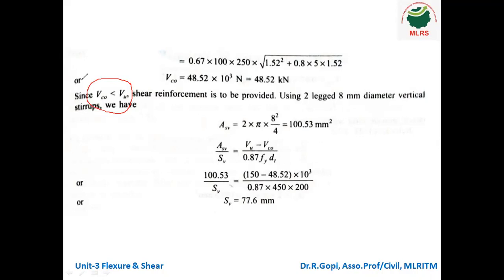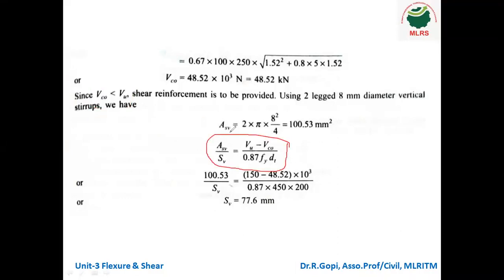Therefore, shear reinforcement is to be provided using two-legged 8 mm diameter vertical stirrups. So here I am using 8 mm diameter. Apply in this formula.